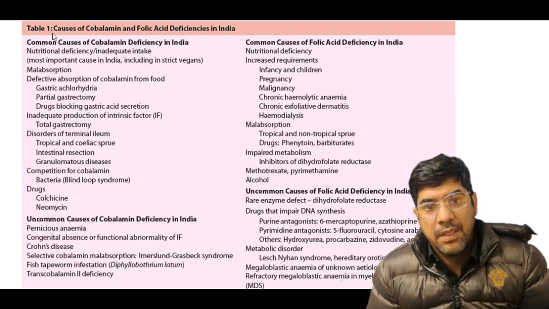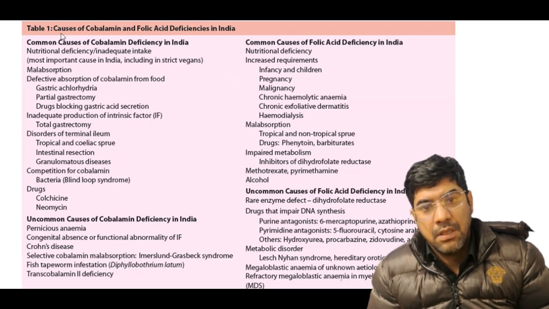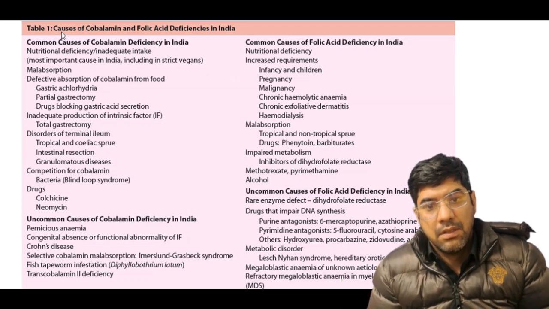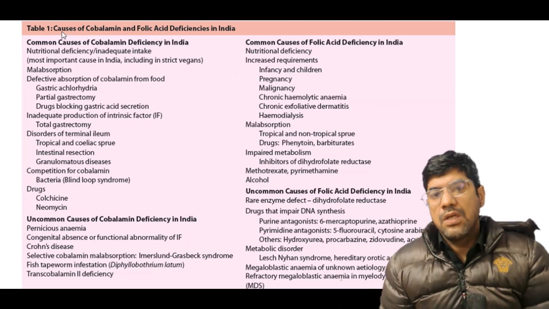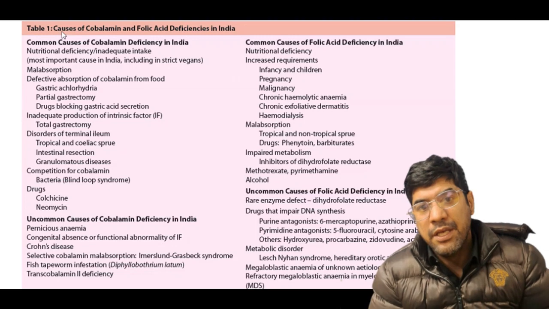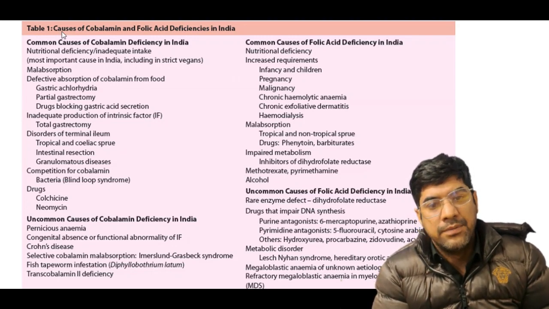We know that. Another cause is granulomatous diseases that can interfere with B12 absorption. Some drugs can also interfere with vitamin B12 absorption; the drugs can be colchicine and neomycin.